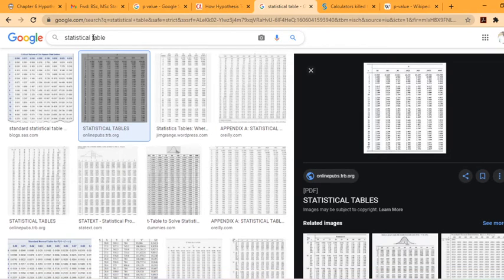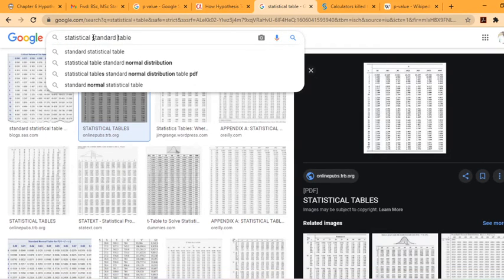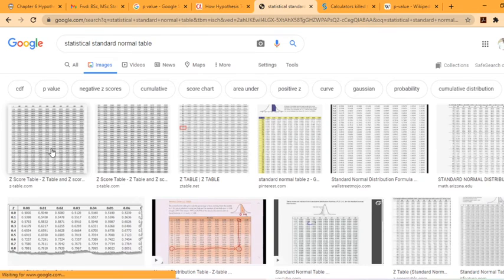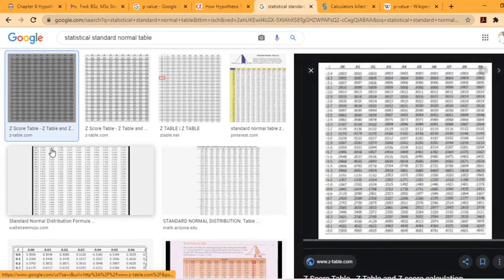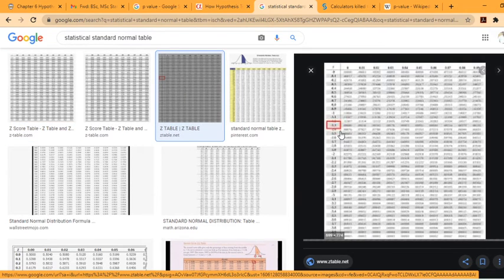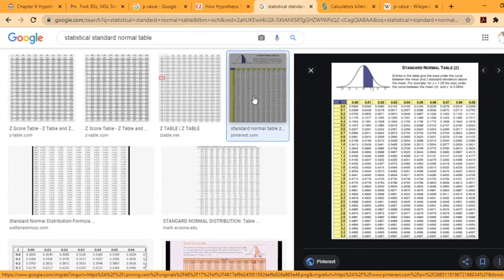Normal. It is the standard normal table.